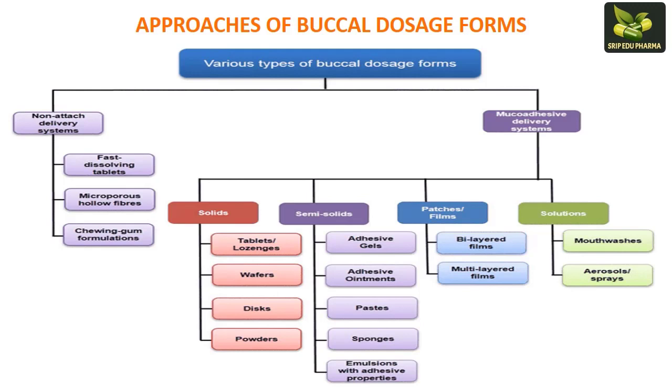We will study different types of delivery systems like wafers, adhesives, adhesive gels, multi-layered and bi-layered films. Different types of dosage forms we are going to study, especially their formulation aspect we are going to discuss in our video.